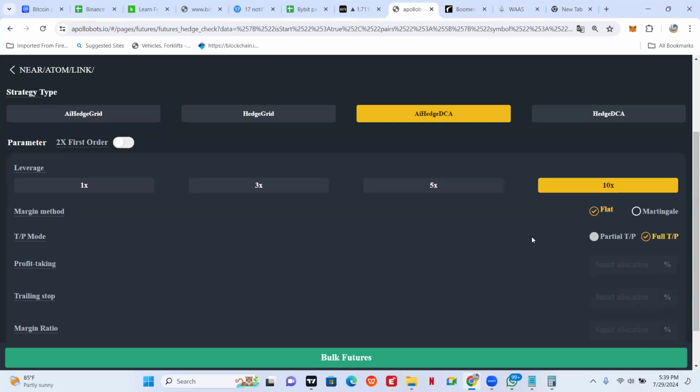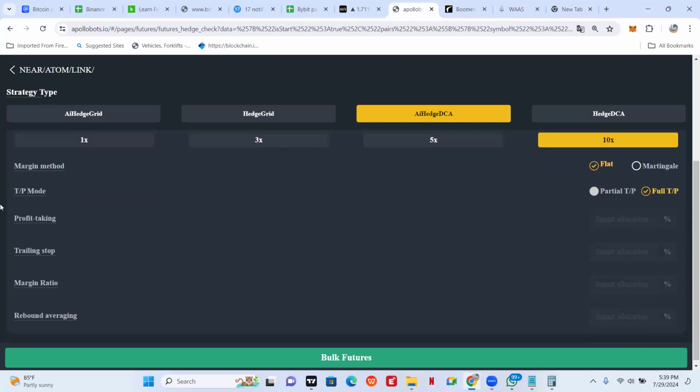All right, so we are done. The rest of the parameter is empty because if you look at it well, it is on smart allocation. Smart allocation means the AI is taking care of the profit, taking care of the margin, taking care of the rebound averaging, and every other thing here. So you don't need to worry about setting this up.